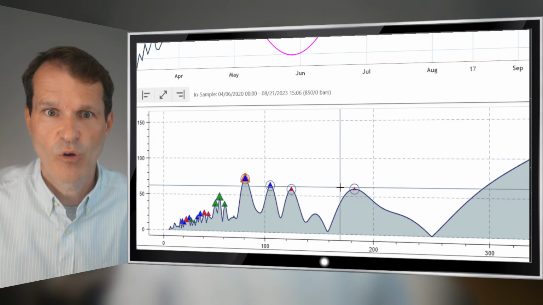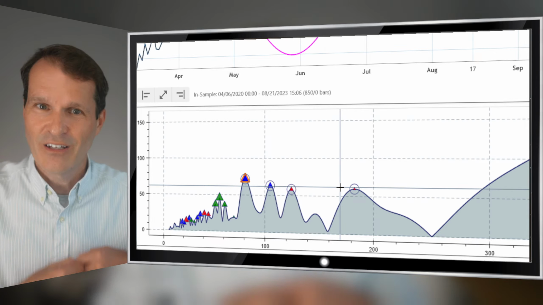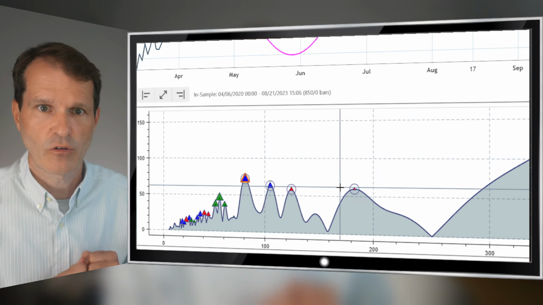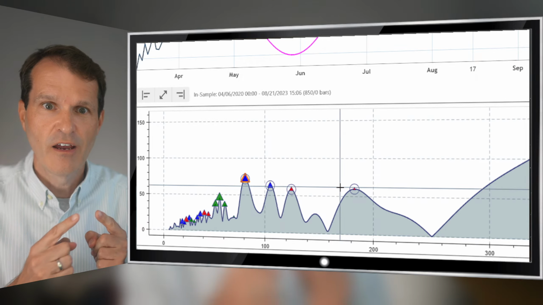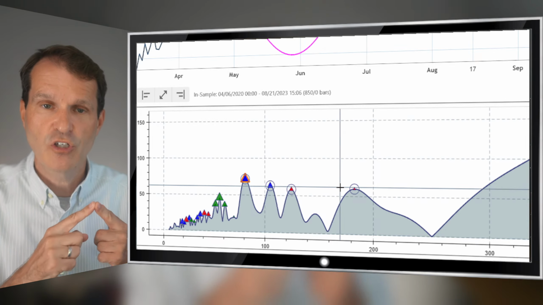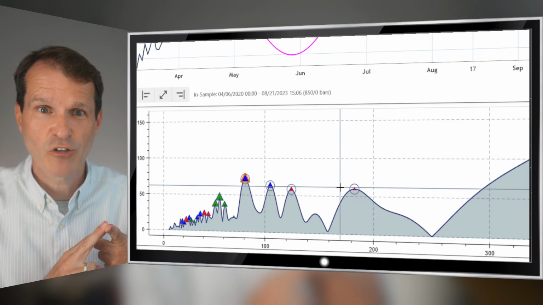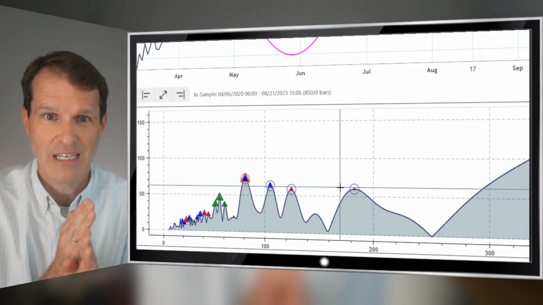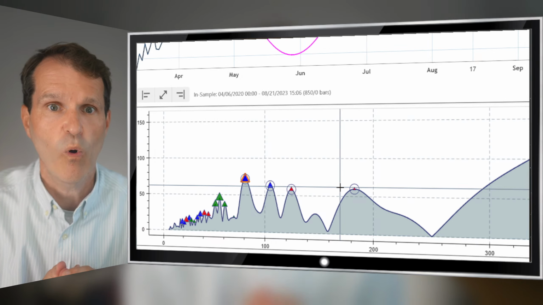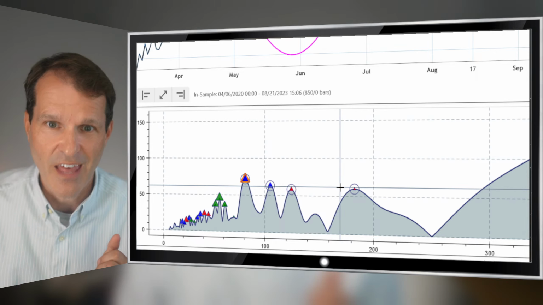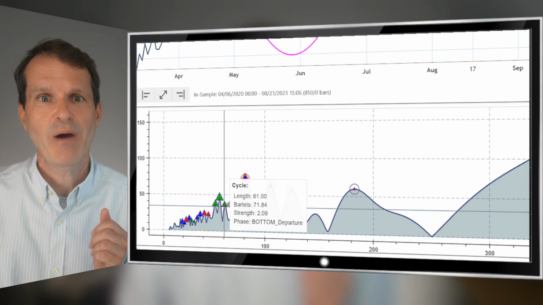So the Bartels score will not give these cycles a strong score. But as you see from other measurements like the amplitude, the shape and the spectrum, at this point in time of the analysis, these cycles are even more important than just the ones with a high Bartels score.